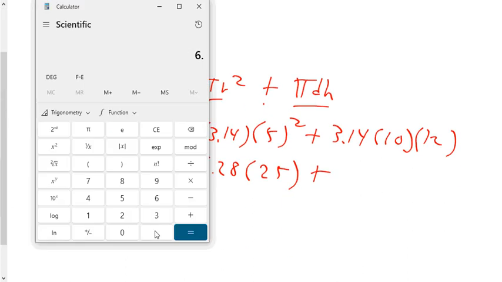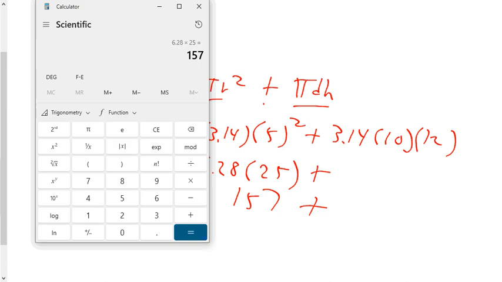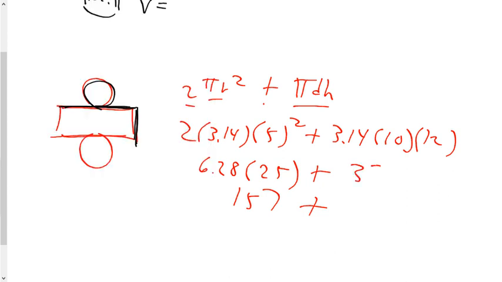6.28 times 25 equals 157. And 3.14 times 120 is 376.8. Should have written it there.